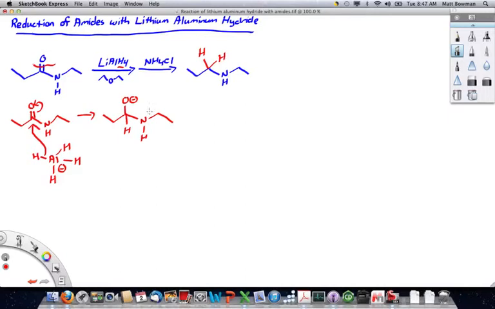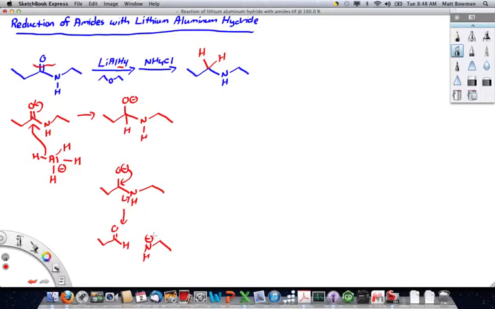Now, one thing this O- cannot do is kick off this nitrogen. Or if it does, it's actually quite slow, because you're exchanging an O- for an N-.